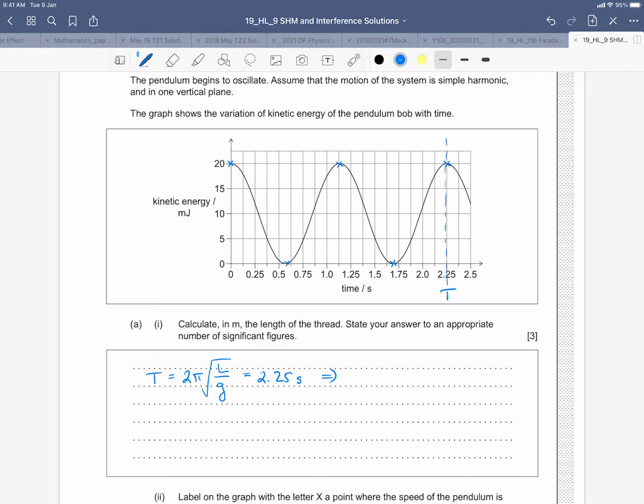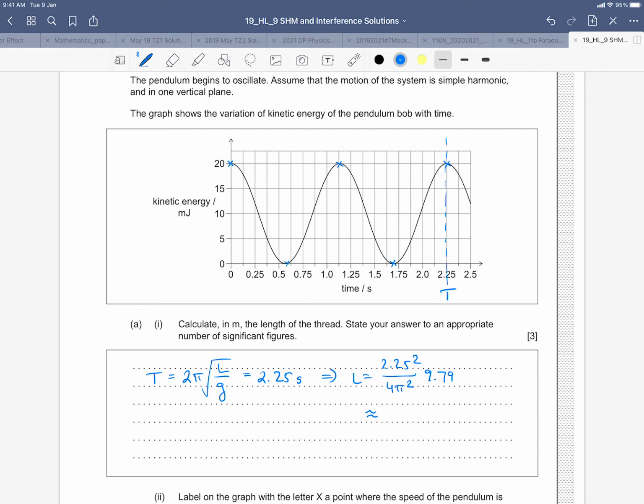And then we can work out L as 2.25 squared divided by 4 pi squared, and then we are multiplying by g, which in Hong Kong is 9.79. You can also just write 9.8 there, and you're going to get something along the lines of 1.26.